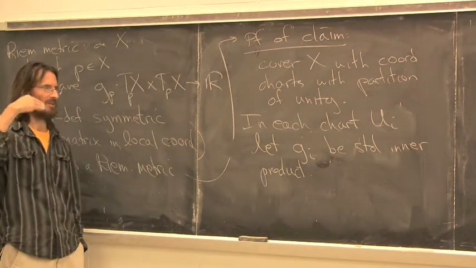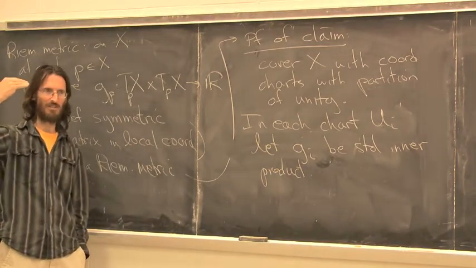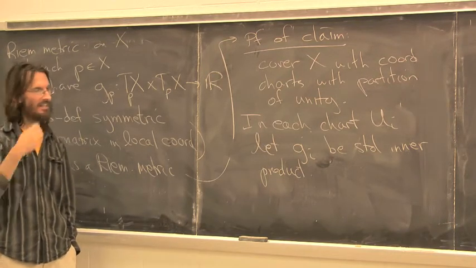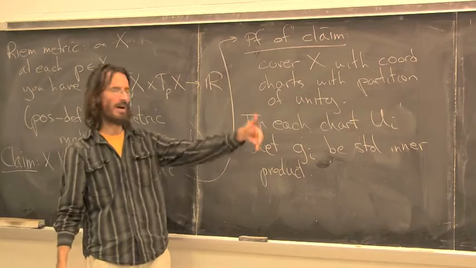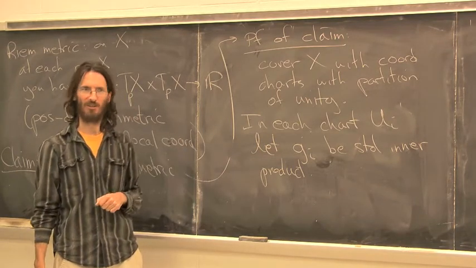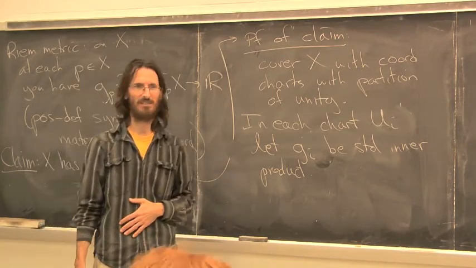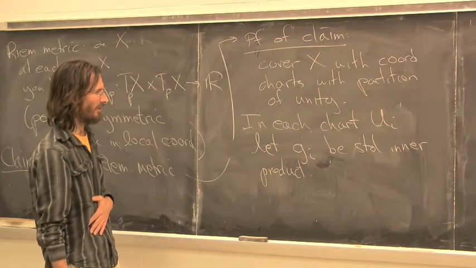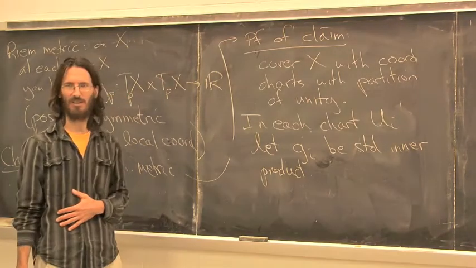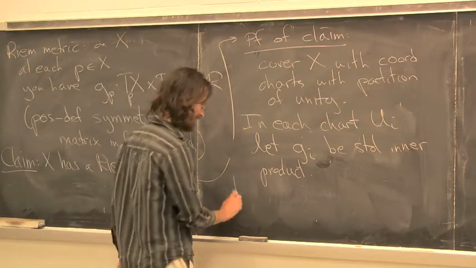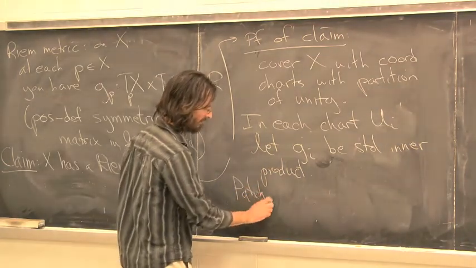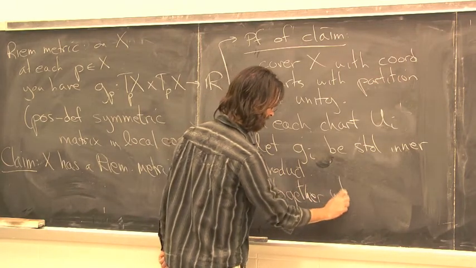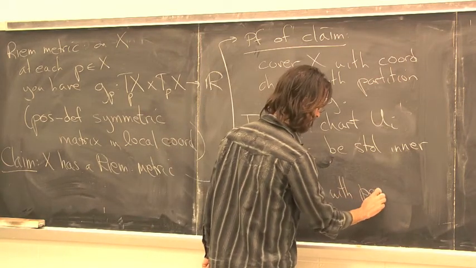U_i comes with a diffeomorphism from U_i to R^n from this coordinate chart, and you pull back this inner product there. Do I need to say more about that? So now all I want to say is patch these together with the partition of unity.